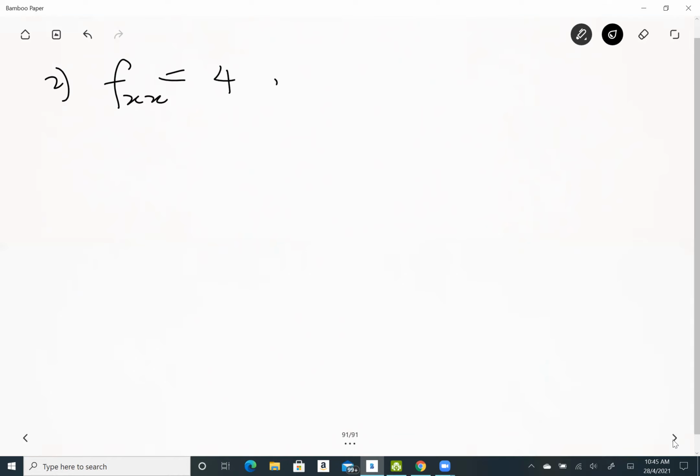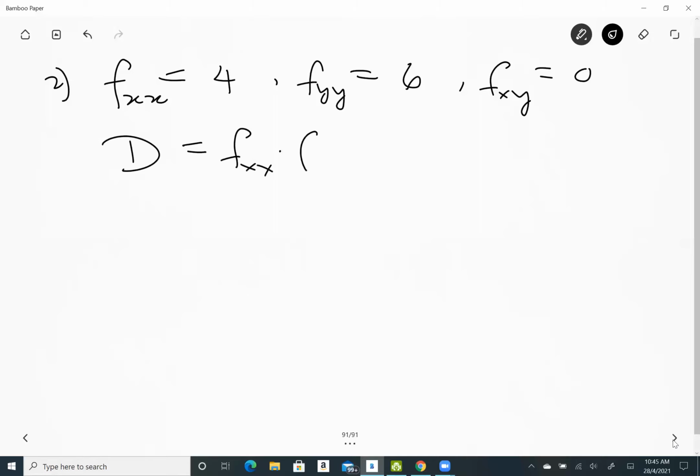Then you find fyy equal to 6, a constant. And then fxy equal to 0. Now, D is equal to fxx times fyy minus fxy squared.